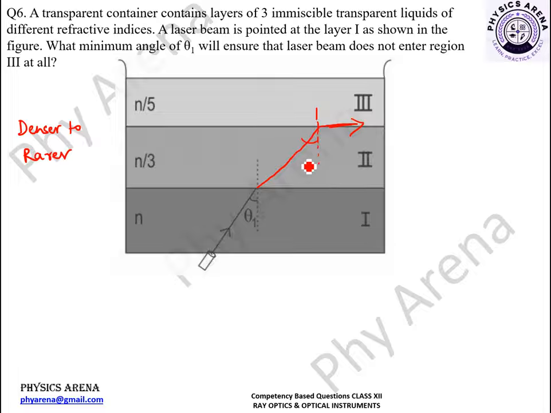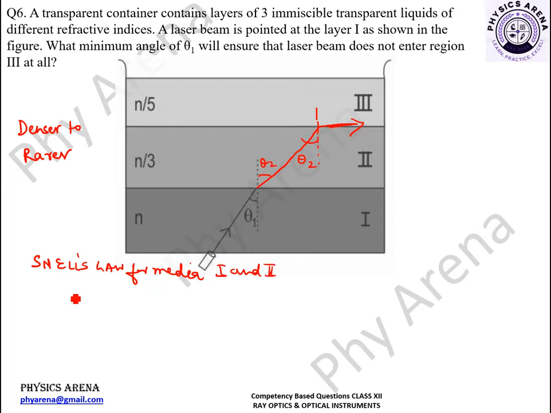So I can write it as theta 2. Fine. Applying Snell's law here, if this angle is theta 2, this will also be theta 2, alternate interior angles. So let's apply Snell's law for media 1 and 2.